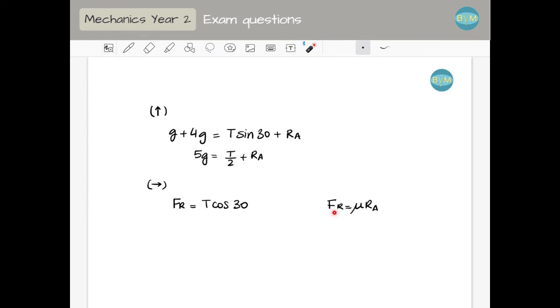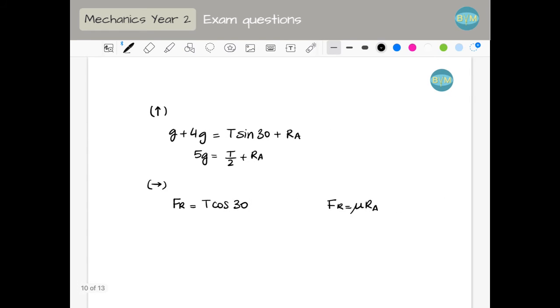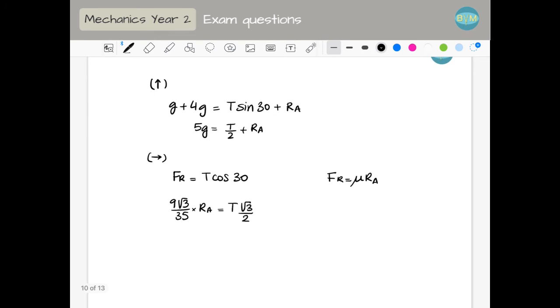We know mu, and we can write this friction in terms of the normal reaction. So we can write this second equation as mu, which was 9√3 over 35, times the normal reaction is going to be t cos 30, which is √3 divided by 2. We can write it cancelling, for example, the root 3.